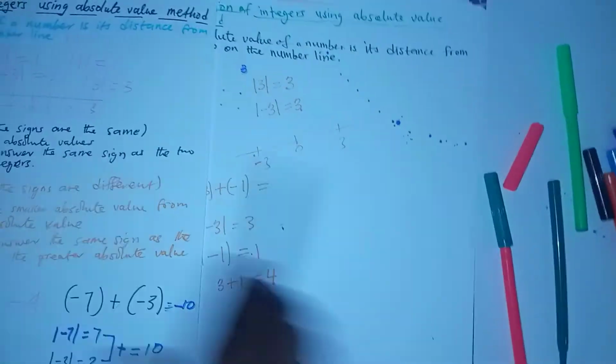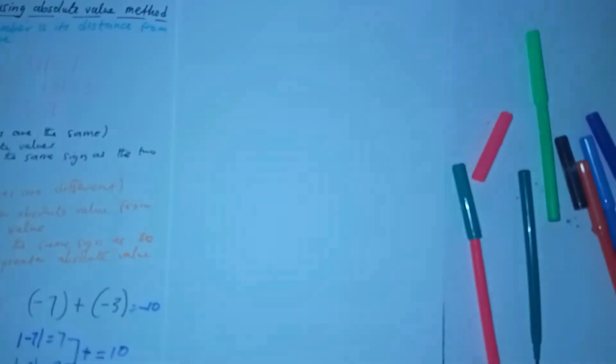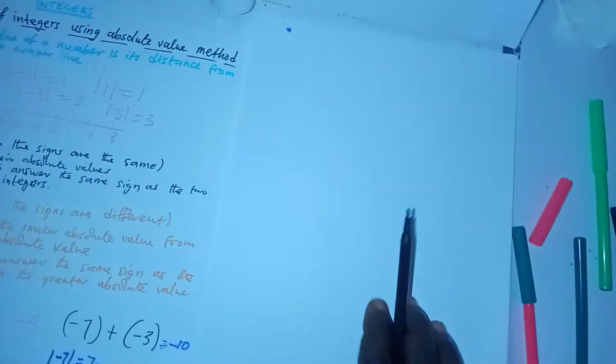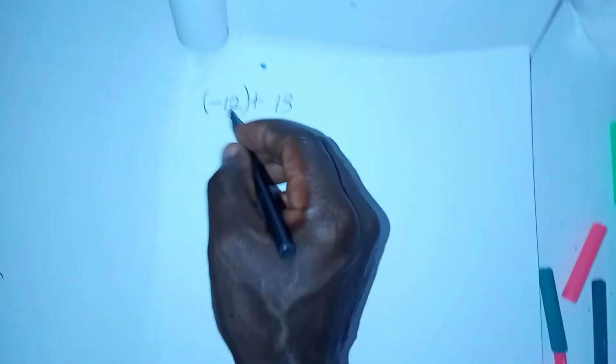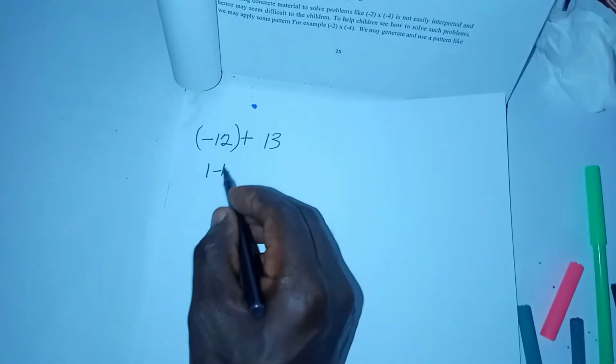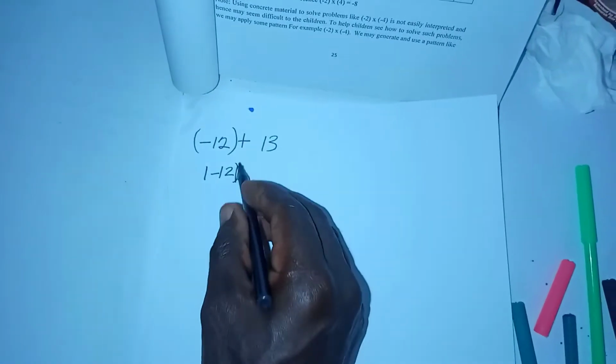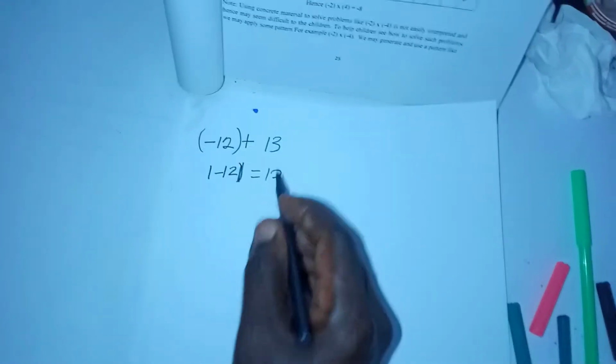So let's take, for example, negative 12 plus 13. Right away, the absolute value of negative 12 will give us 12.